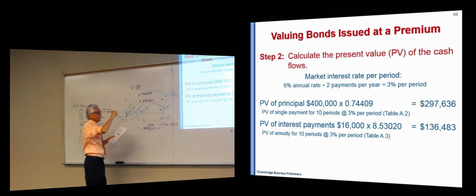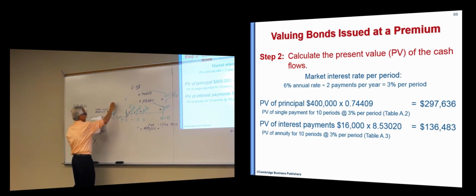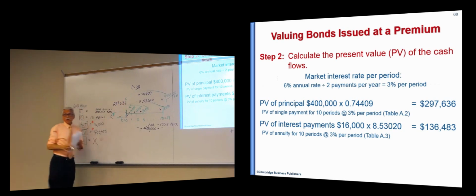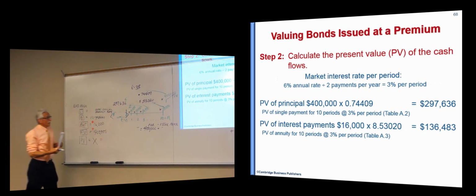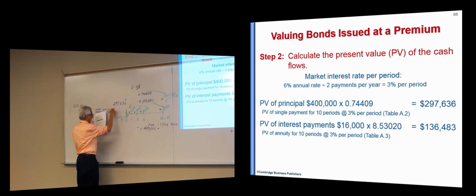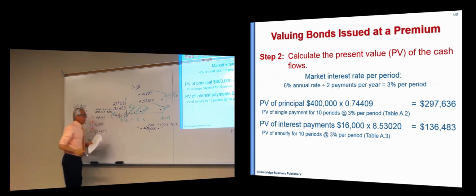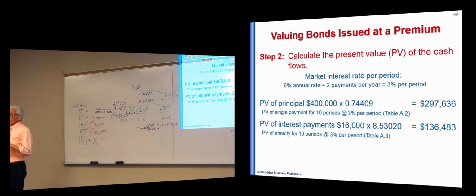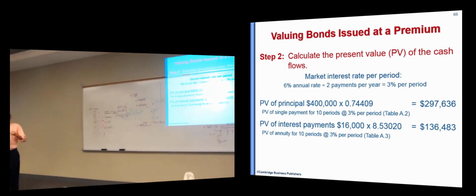Right, so you see the numbers there, present value of the principal, present value of the interest. The bonds sell for 34,119, and that will happen.